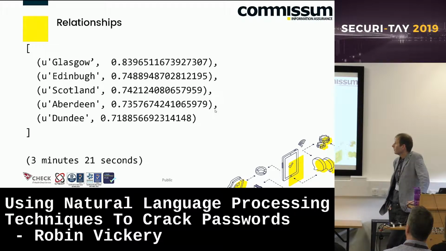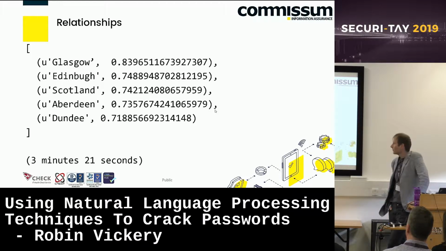On the left you find the words, and on the right you have a float that ranges between 0 and 1 that represents the similarity to the original word. Here it's managed to find all of the cities.